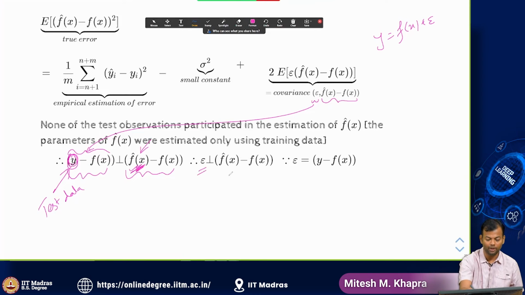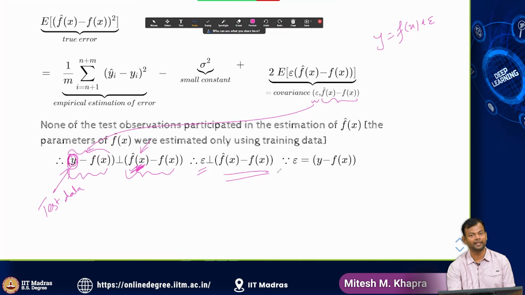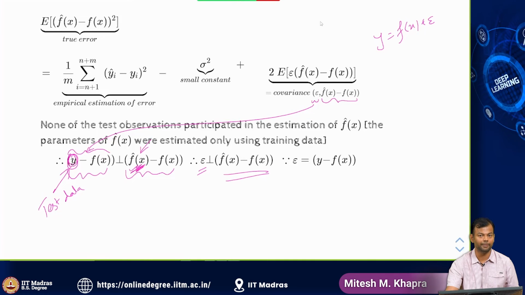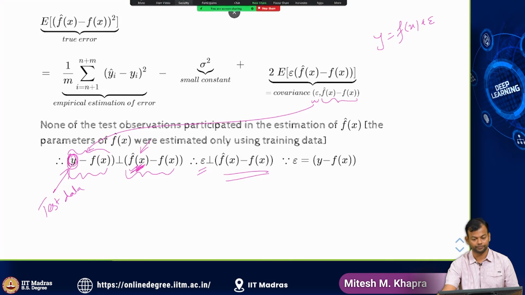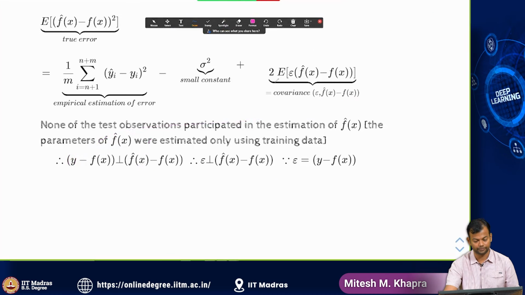That means epsilon and this quantity are independent, right, because epsilon is simply y minus f of x, and that means the covariance between epsilon and this other quantity is going to be 0, because these two are independent random variables. So their covariance is going to be 0, right.